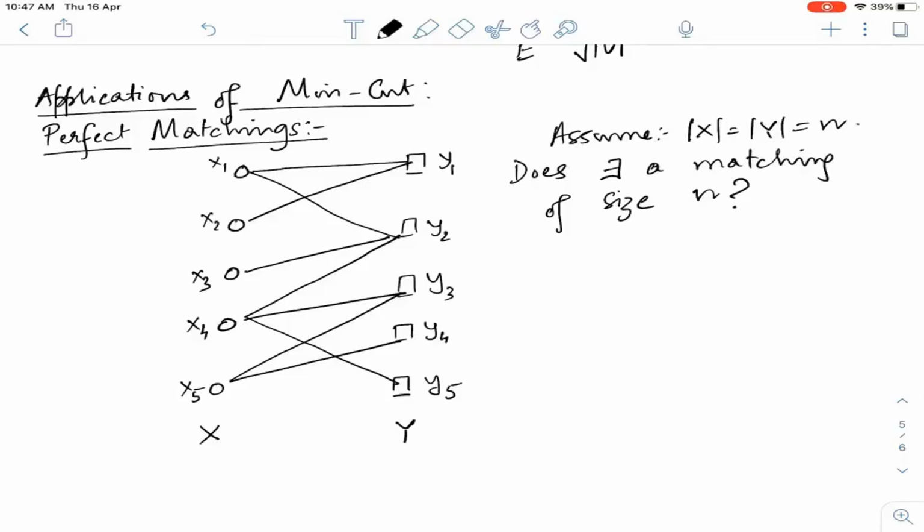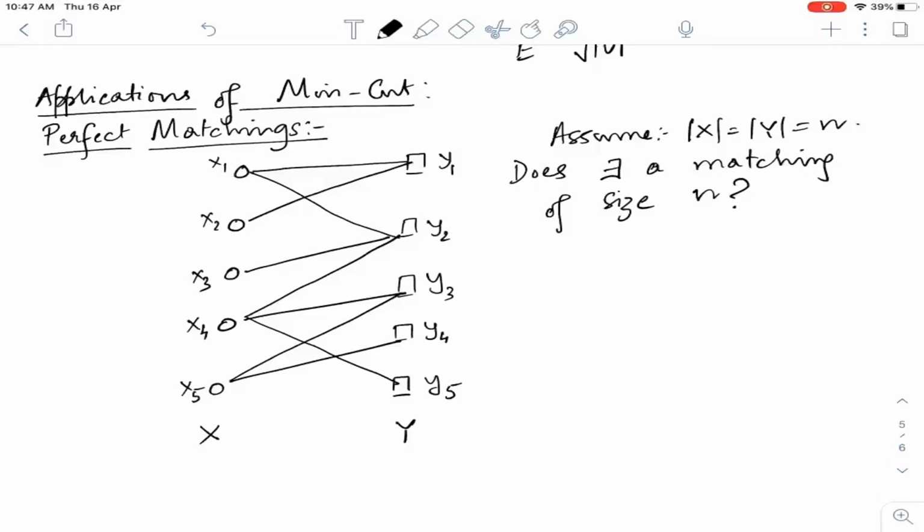So let's look at this picture. Does a perfect matching exist in this graph? Good, so many people are saying no. How are you so sure that there are no perfect matchings in this graph?